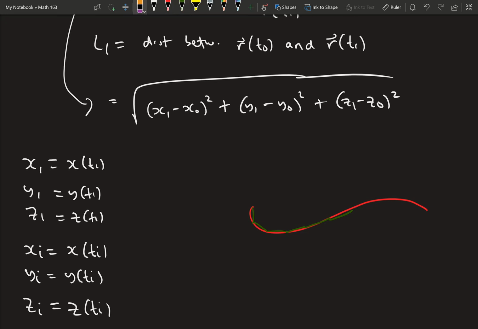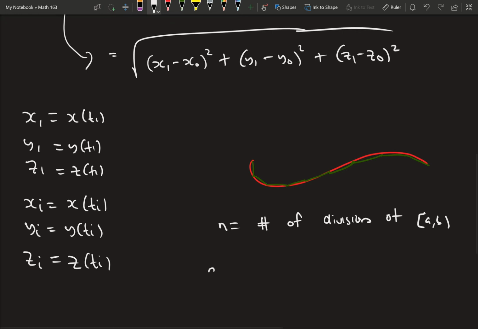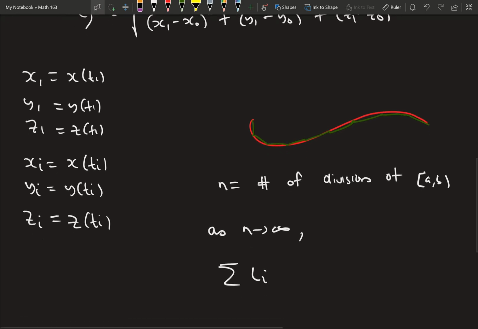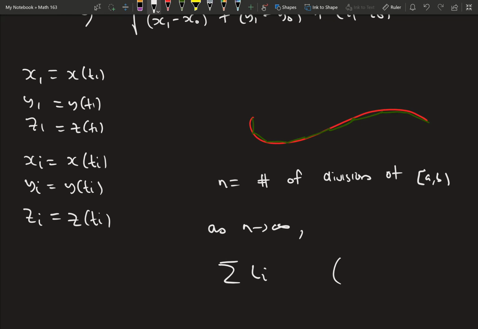And so let's denote n to be the number of divisions of the interval a to b. L1 would be right here, L2 and so on, and you'd have the last one being L sub n.